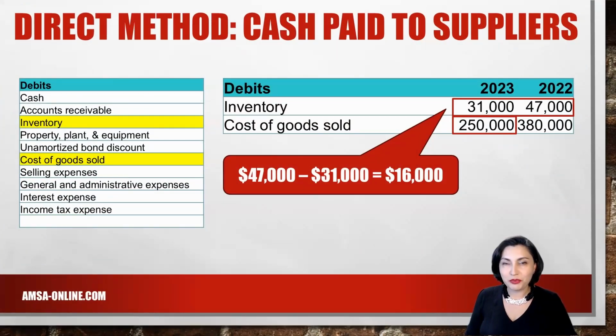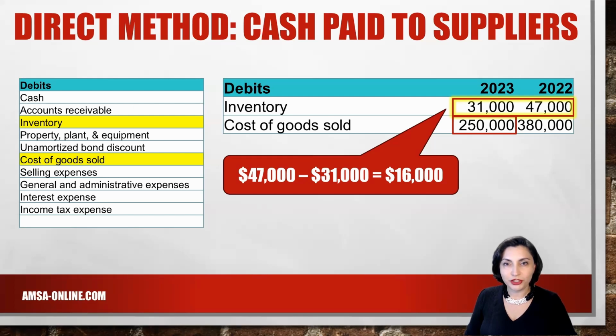We start with the balances in the inventory account for 2022 and 2023 and the cost of goods sold for 2023. We only need the 2023 numbers for the cost of goods sold, as it is an income statement account and includes all costs of inventory sold for the year.